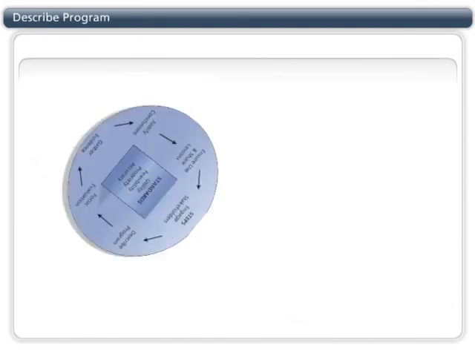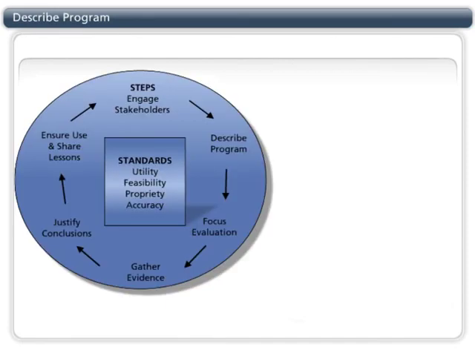The second step of the framework is to describe the program. It is helpful to think in terms of the logic model. Description of the program should include information about the long-term goals and objectives of the program, as well as the strategies for reaching those goals.